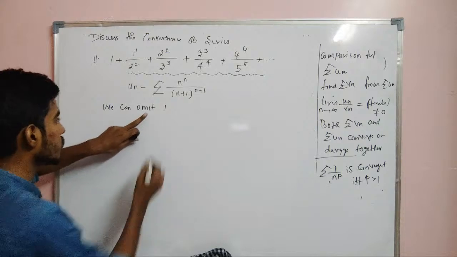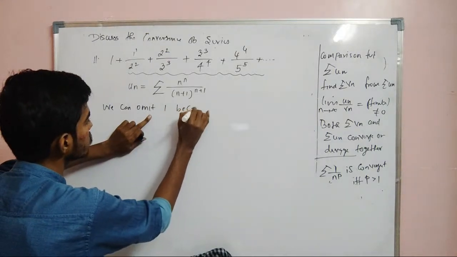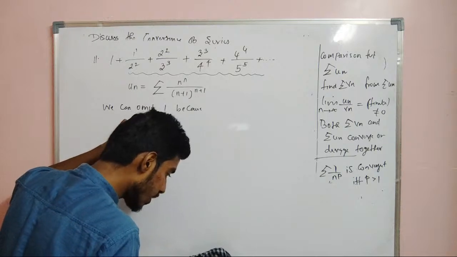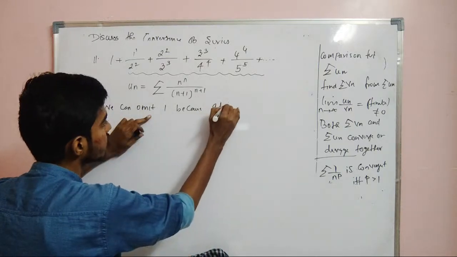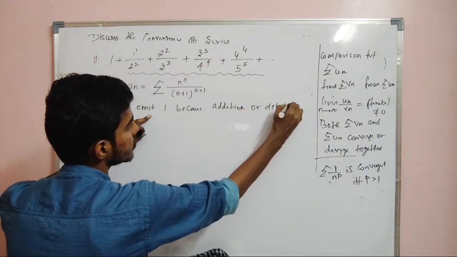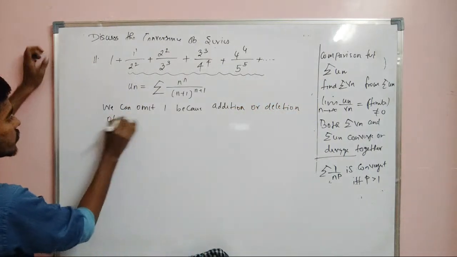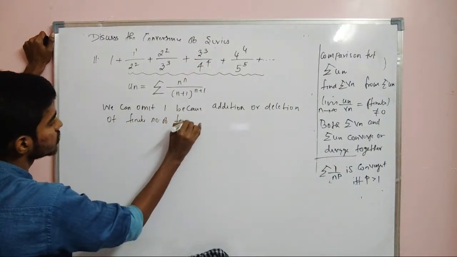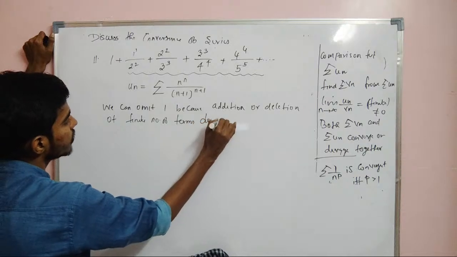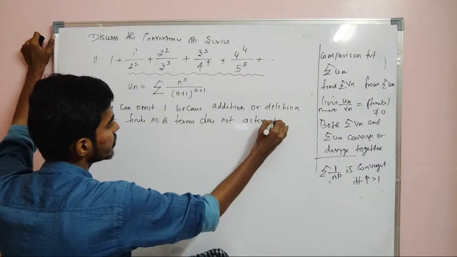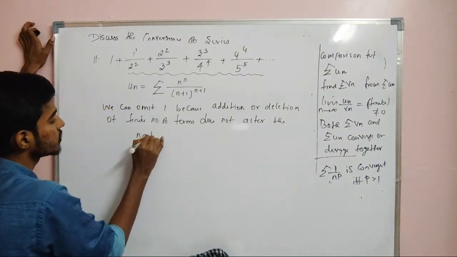We can omit 1 because addition or deletion of finite number of terms does not alter the nature of the series, right?